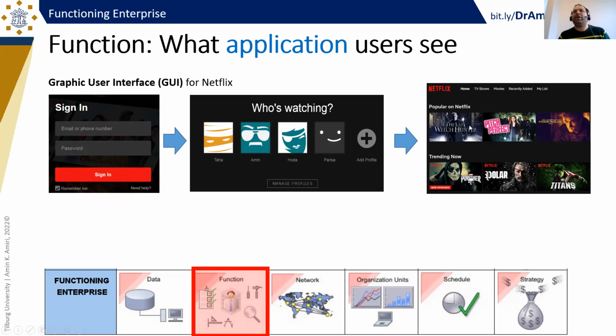And then afterward, I can click on a movie or search for a movie or TV shows and then watch that. So this is an application. This is you as an application user. This is your view of Netflix. But the view of Netflix from a manager's point of view can be different, from the programmer's point of view can be different. But this is our view.